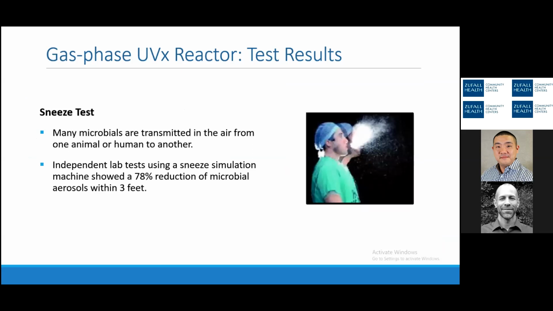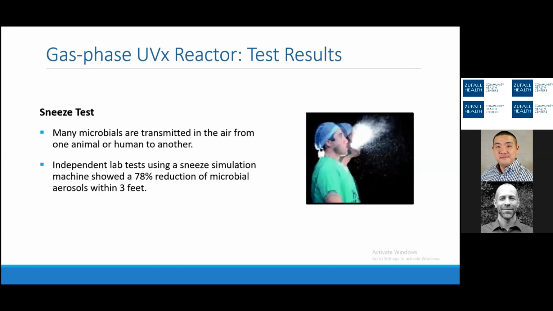We also have test results from the UVX reactor for a simulated sneeze showing about a 78% reduction, essentially an instantaneous reduction in microbial aerosols within about 3 feet of the test. And so again, this process is very fast.